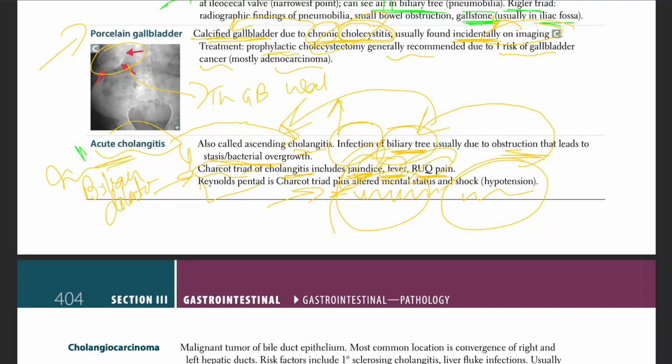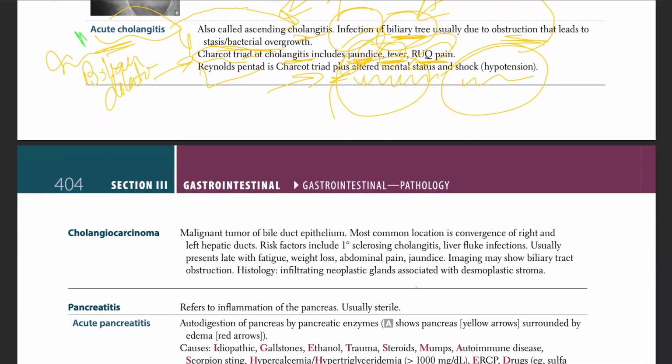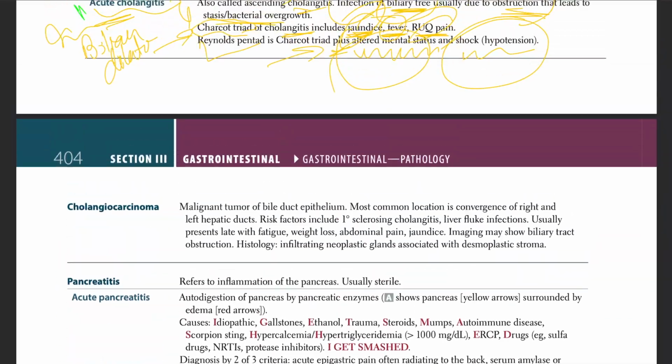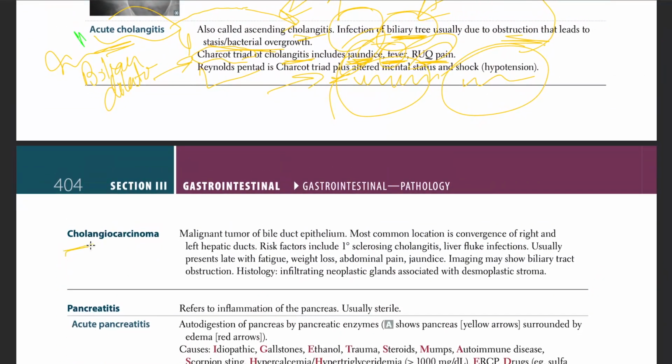Okay. So that's pretty much all we have for this guy. One thing, yeah. Now I think the last point in the biliary, we have the cholangiocarcinoma. Cholangiocarcinoma, it's a malignant tumor of the bile duct epithelium.